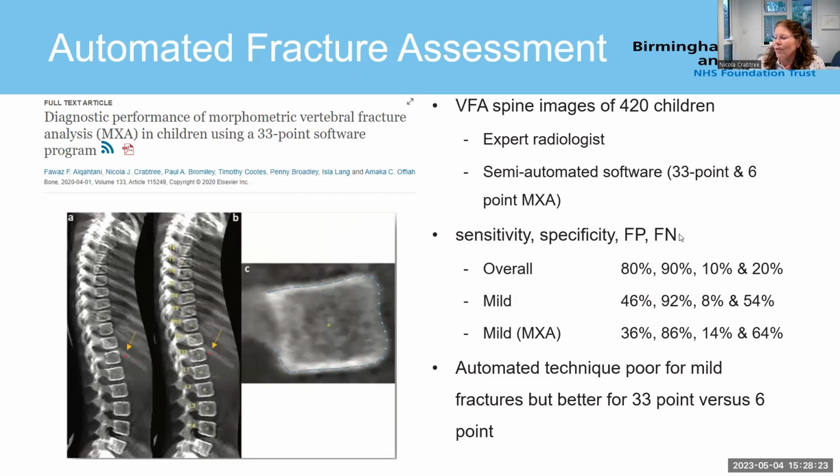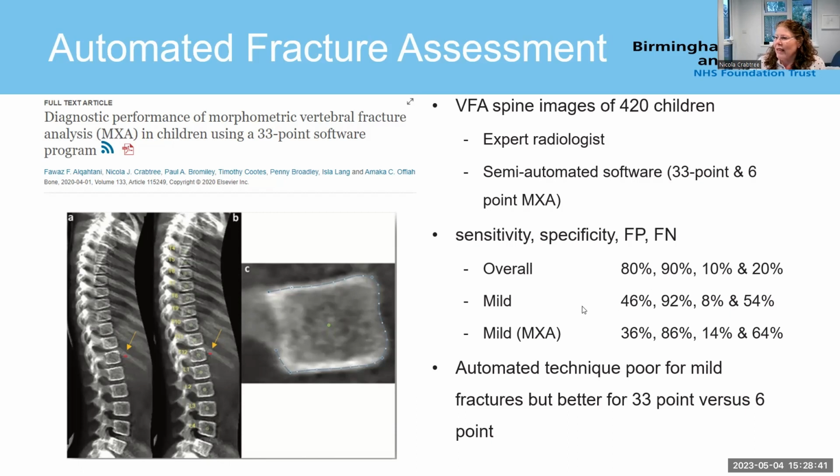Overall, looking for any fracture, the sensitivity and specificity was quite high, with a 10% false positive and a 20% false negative fracture rate. A false positive is identifying something as a fracture when it isn't a fracture.